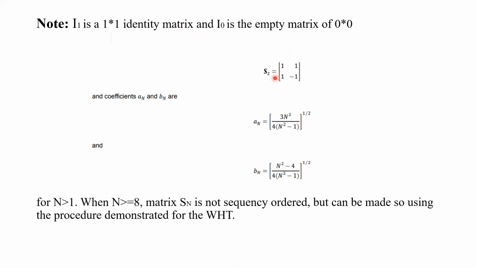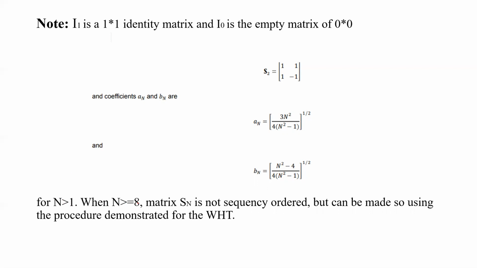S2 is the slant matrix of second order, which is equal to 1 1 1 minus 1, and An and Bn are the coefficients, where An is equal to the square root of 3 n square by 4 of n square minus 1, and Bn is given by the square root of n square minus 4 by 4 of n square minus 1 for n greater than 1.